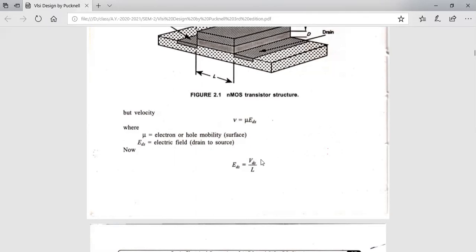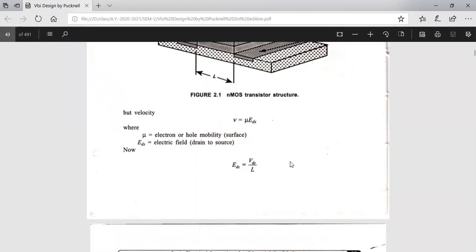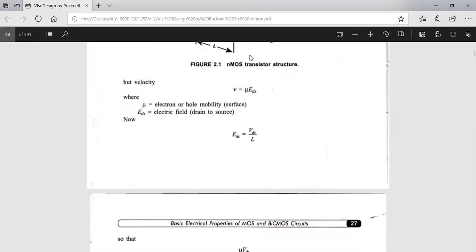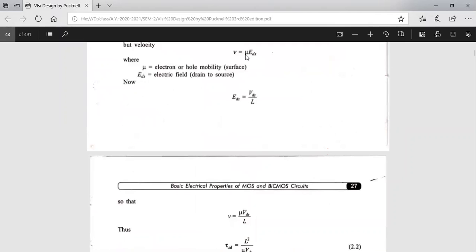So total voltage divided by the total length gives the electric field at that particular point. Now we have the relation for EDS. How can we modify this V? You see here, V is equal to mu, the mobility of electron or hole.